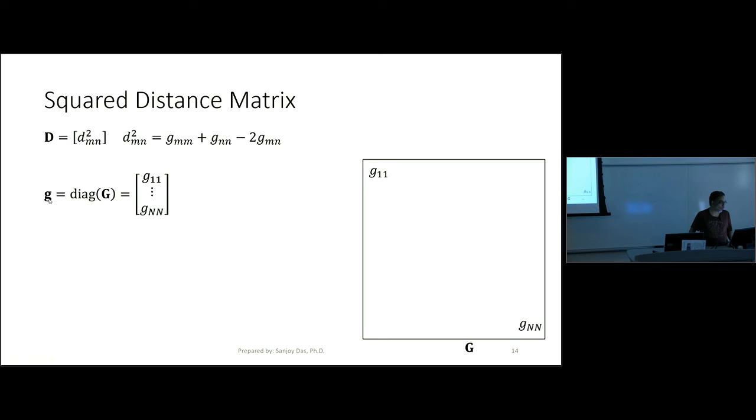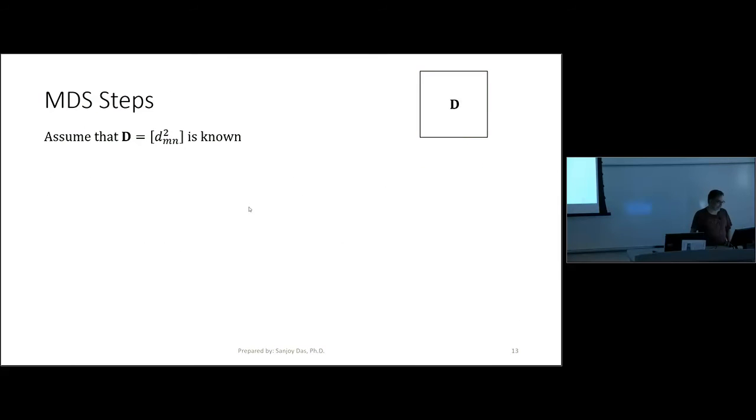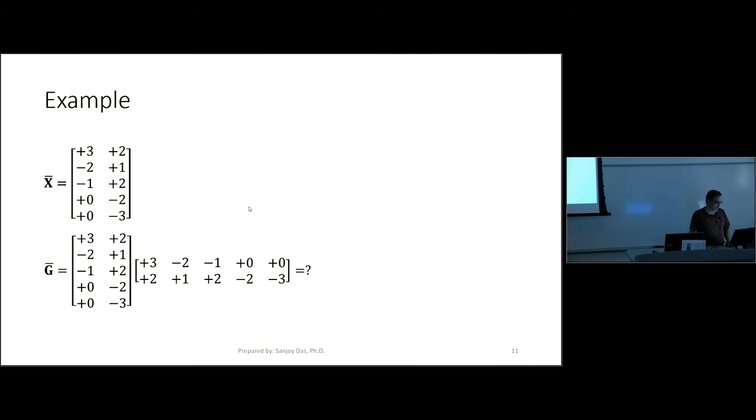Now I define this lowercase g vector, diag G. So this is, look at the diagonal elements of G: G11, G22, until GNN. Now in the Gram matrix, these actually will be relatively high, right? I didn't compute the centered Gram matrix, but you can always fill it in.